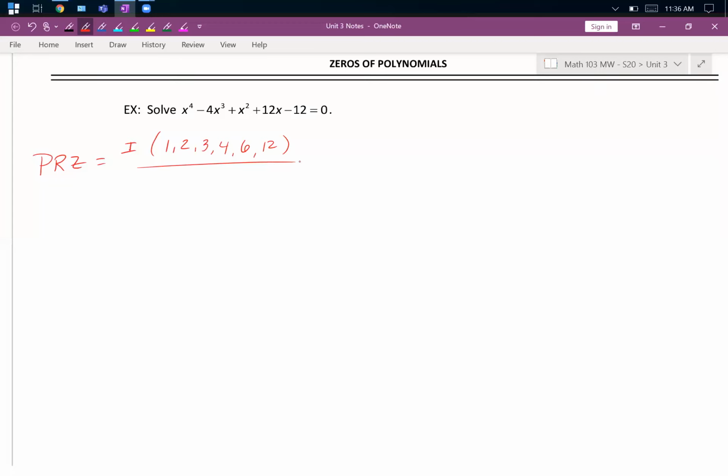So if you want to make it because you find it helpful, you are welcome to make it. But since the directions aren't requiring us to, I would be inclined not to. And then our leading coefficient is 1, so just 1. Now we'll simplify this list and get plus or minus 1, 2, 3, 4, 6, 12.